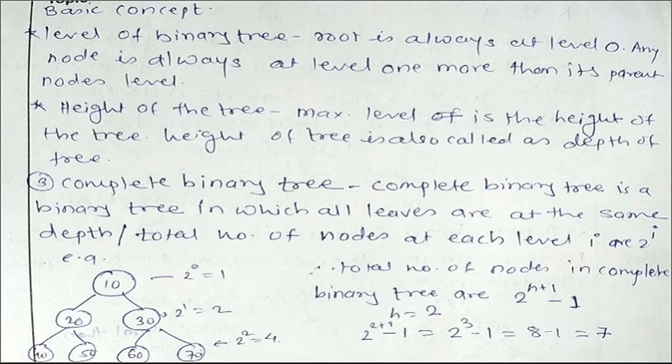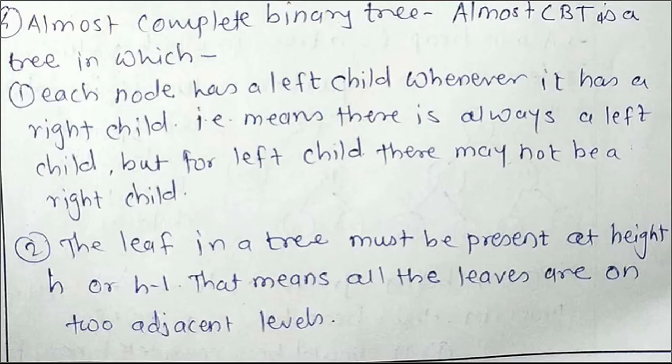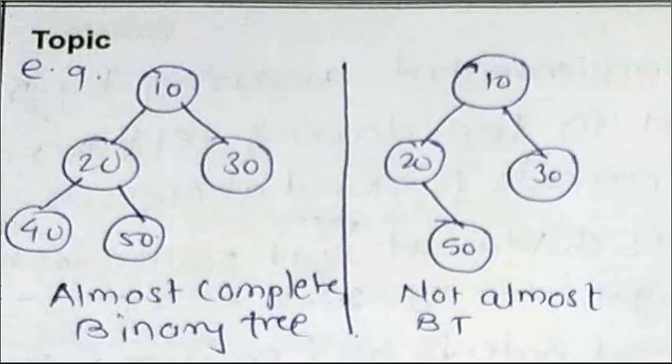Now we are going to see what an almost complete binary tree is. An almost complete binary tree has two basic concepts that we are supposed to look into. First is that each node has a left child whenever it has a right child. Here we can see an example of it.